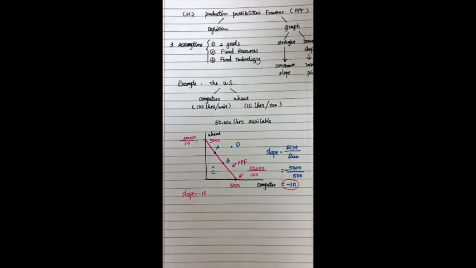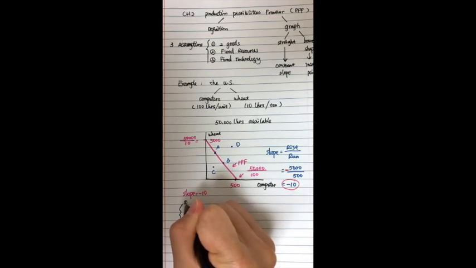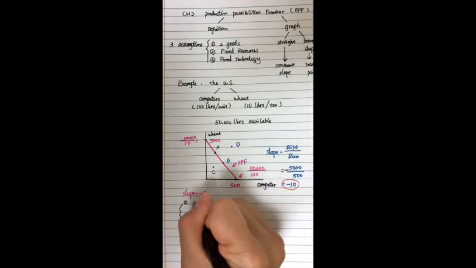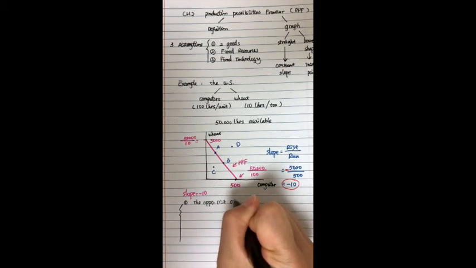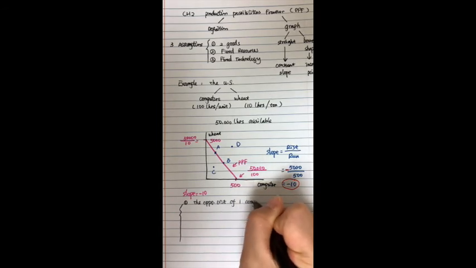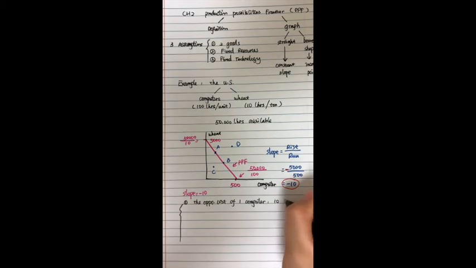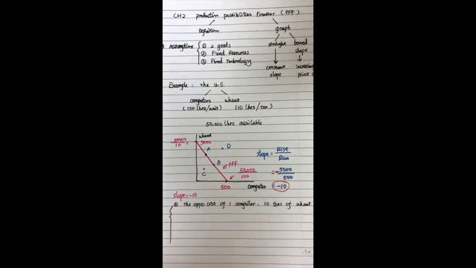Okay, so the first way, we can say the opportunity cost of one computer is 10 tons of weight.